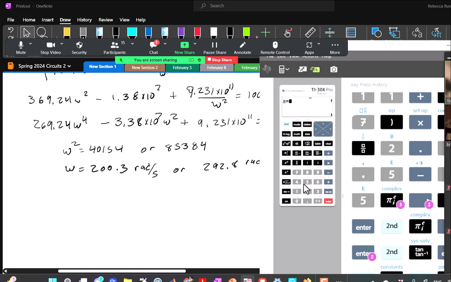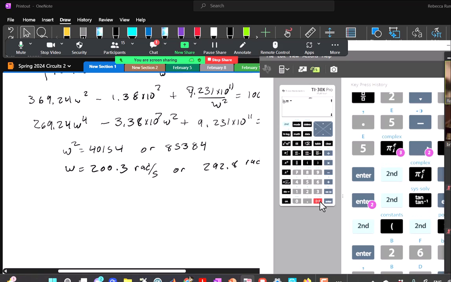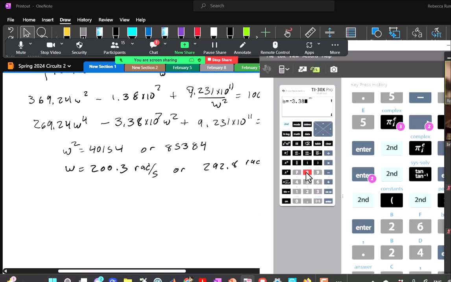A is 269.24. B is negative 3.38 times 10 to the 7th.